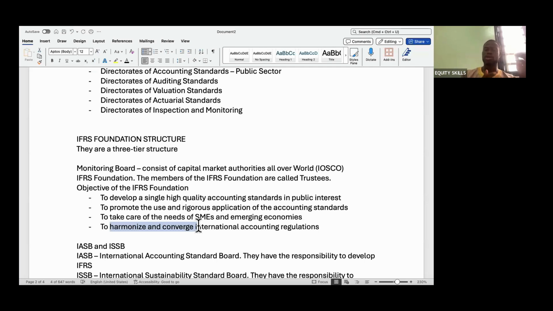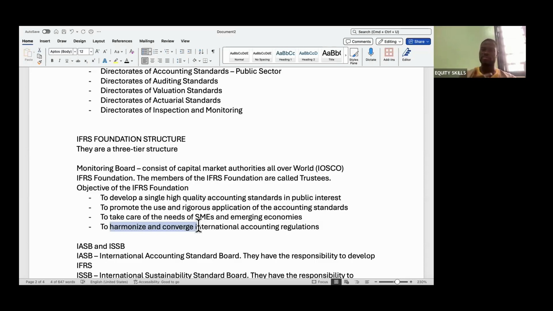Those that don't want to adopt IFRS, they will ask them, okay, let's make our standards easier, like what they are doing with the United States. The United States is not adopting IFRS, but they are trying to converge IFRS with the Financial Reporting Standards of the US.